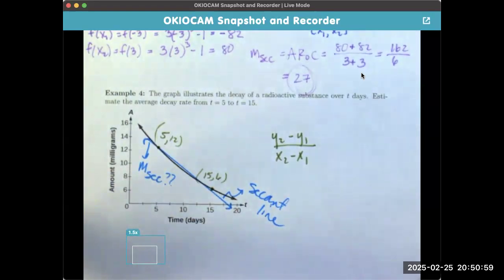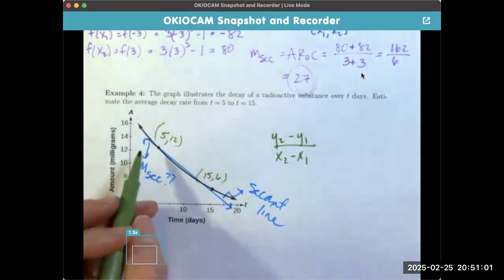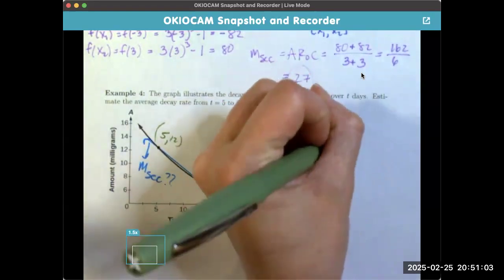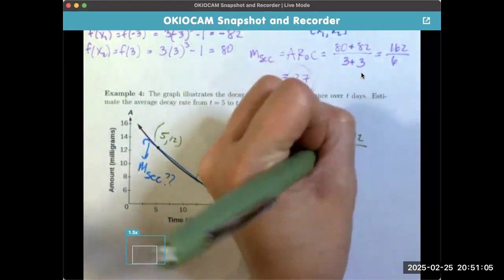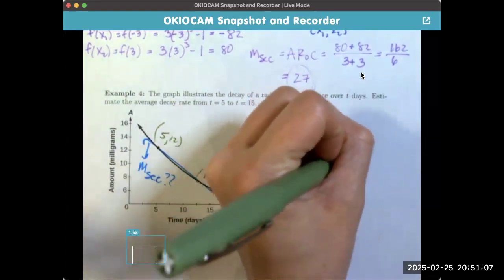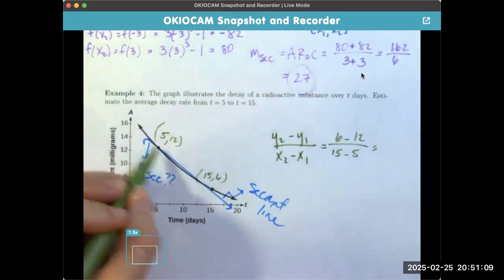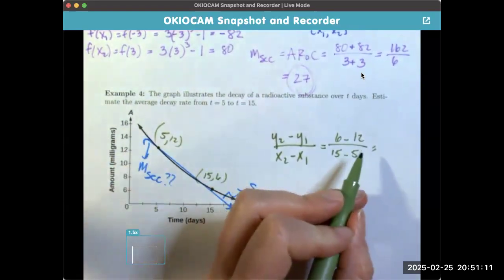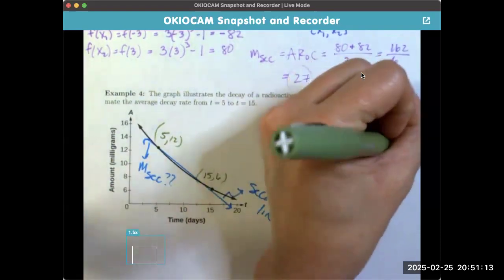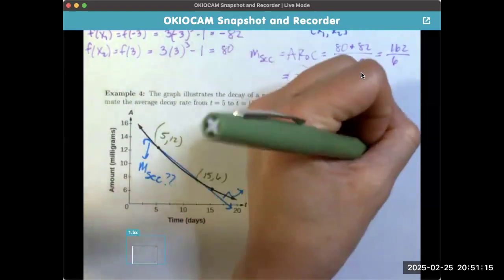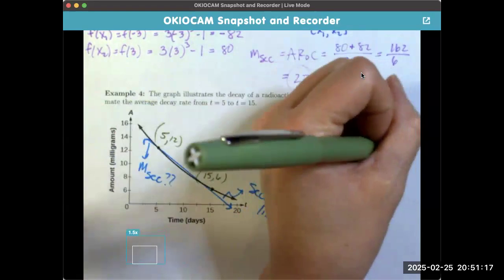Okay, so this is just 6 minus 12 over 15 minus 5. Because we're decreasing, we do expect this number to be negative. This is negative 6 over 10.